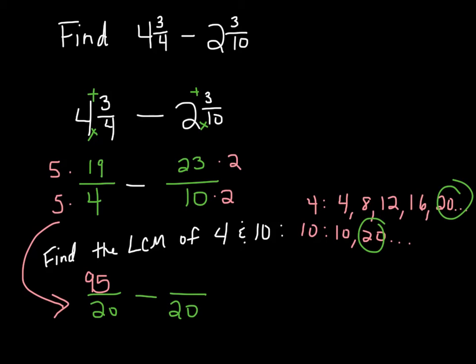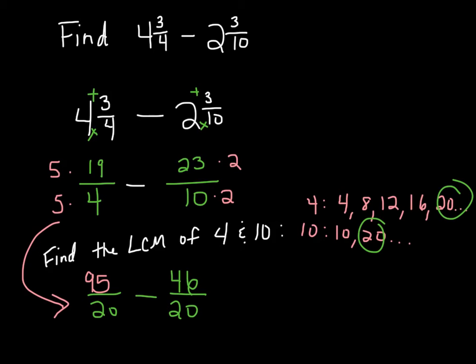And then in this fraction over here, I would take 10 and multiply it by 2. If I multiply the denominator by 2, then I also have to multiply the numerator by 2. So again, side math would be a good idea here. And 23 times 2 would give me 46.